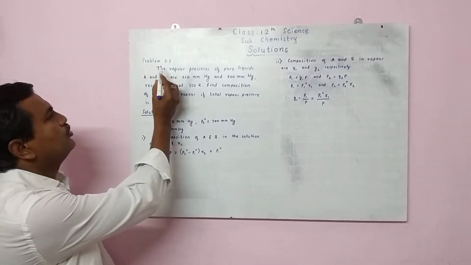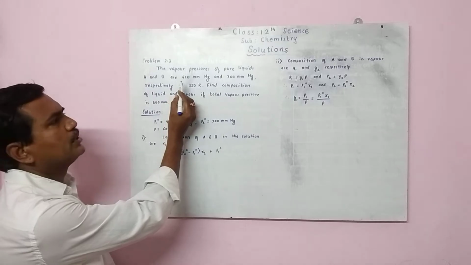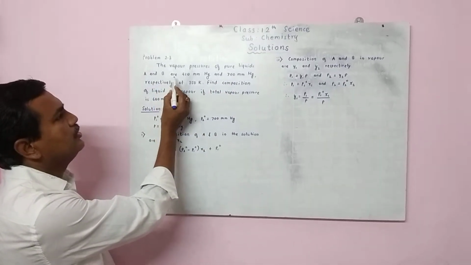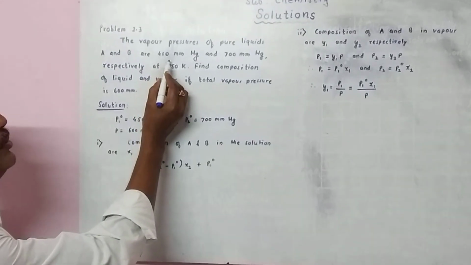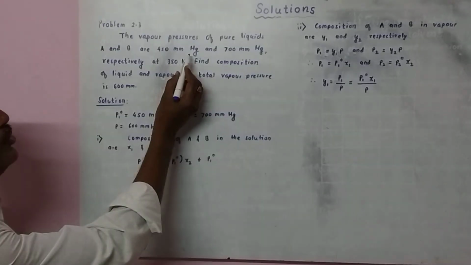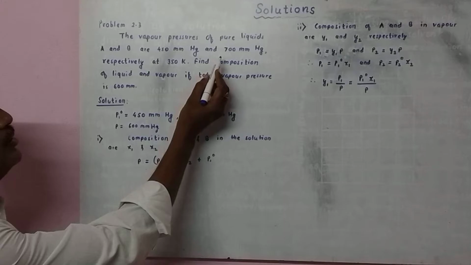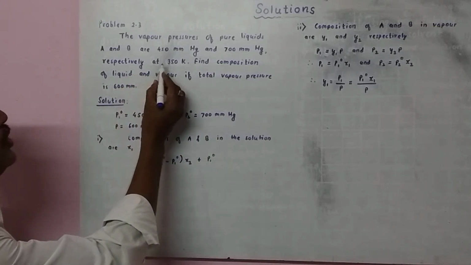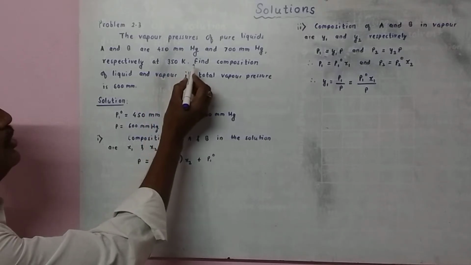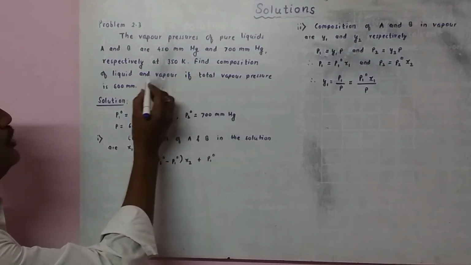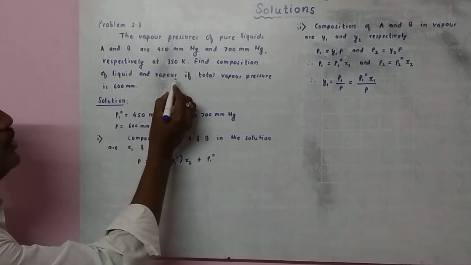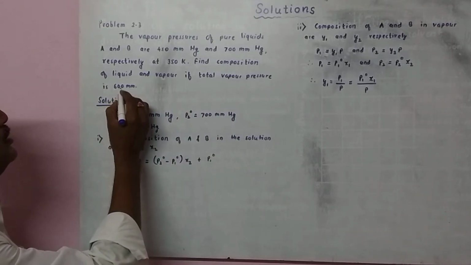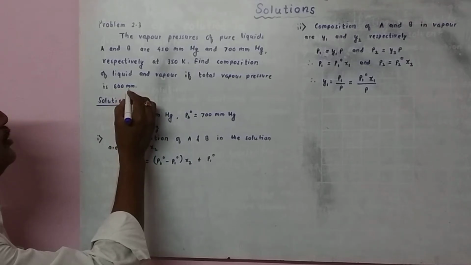Problem number 2.3. The vapor pressures of pure liquids A and B are 450 mm of mercury and 700 mm of mercury respectively at 350 Kelvin. Find the composition of liquid and vapor if the total vapor pressure is 600 mm.